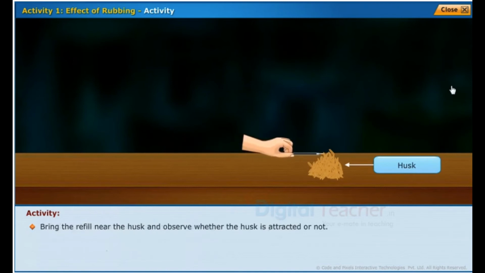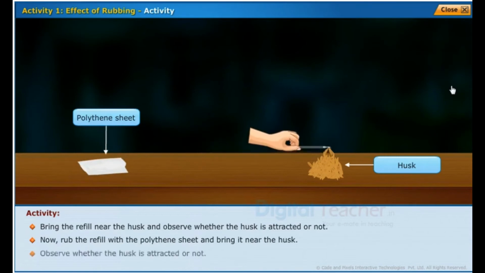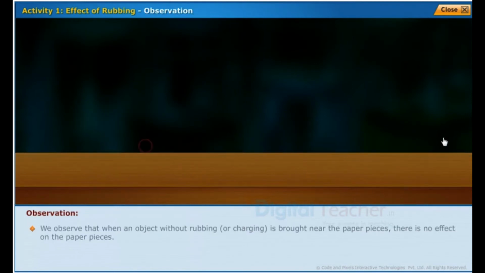Bring the refill near the husk and observe whether the husk is attracted or not. Now rub the refill with polythene sheet and bring it near the husk. Observe whether the husk is attracted or not. Repeat the activity by replacing the refill with comb and drinking straw and tabulate the observations.